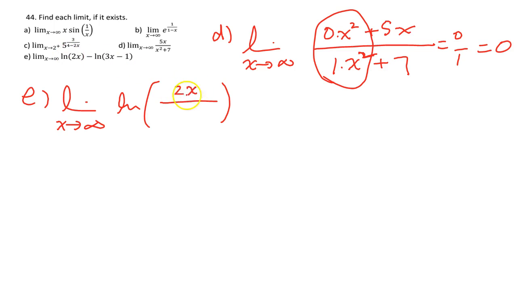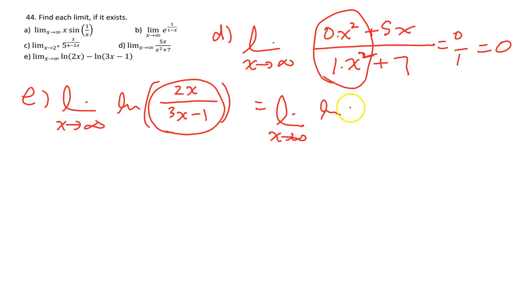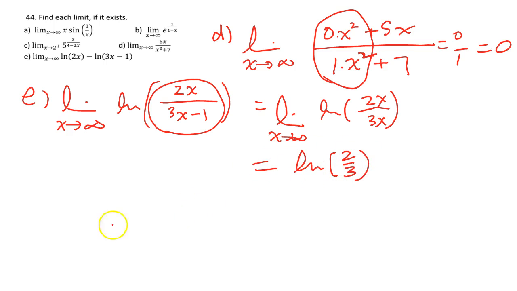So you have 2x on the top and 3x minus 1. Now you know where this goes. It basically goes to 2x over 3x, which is 2/3. So the limit in this case is similar to 2x and 3x. So that's just ln of 2/3.